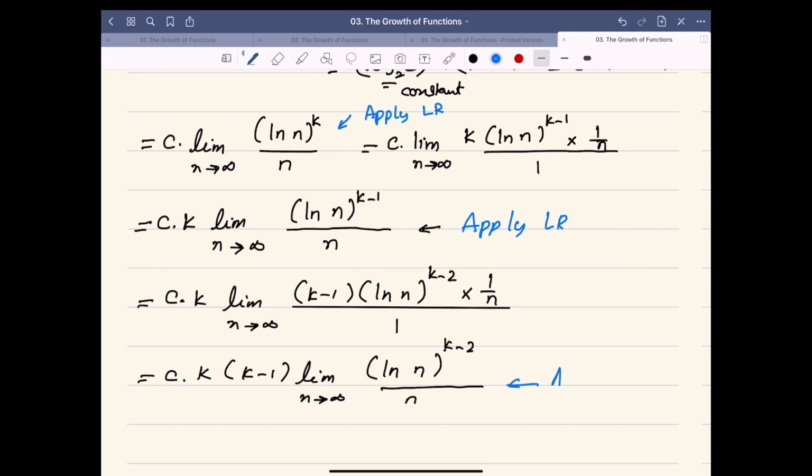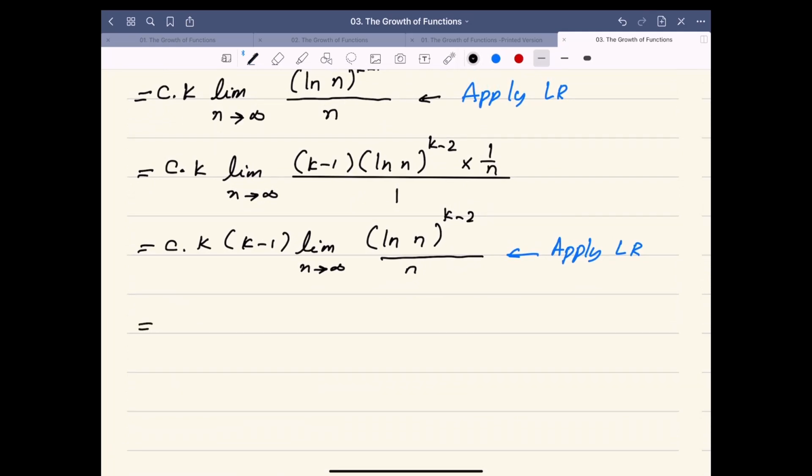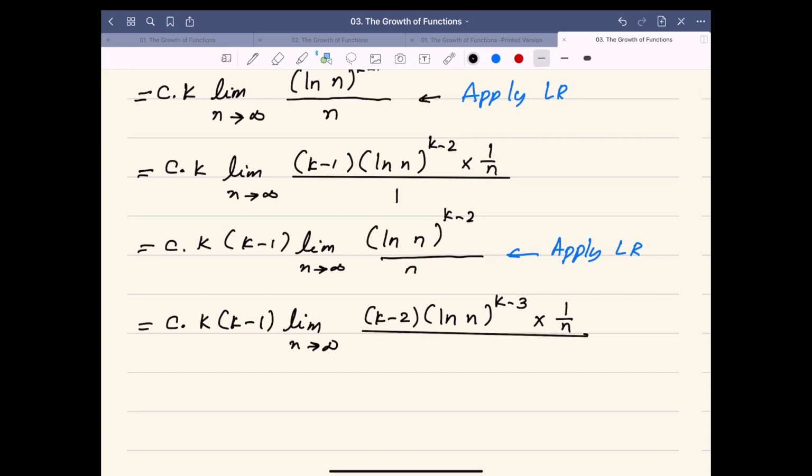Again, apply L'Hopital's rule, and we will have the following: c multiplied by k minus 1, limit as n goes to infinity, and the derivative for this function will be equal to k minus 2 multiplied by ln of n raised to power k minus 3 multiplied by the derivative of ln, which is 1 over n, divided by the derivative of n, which is equal to 1.